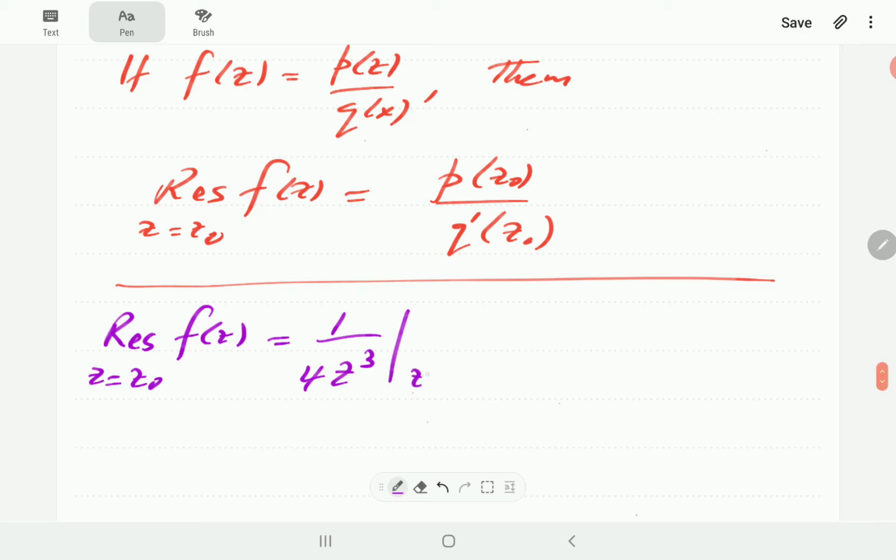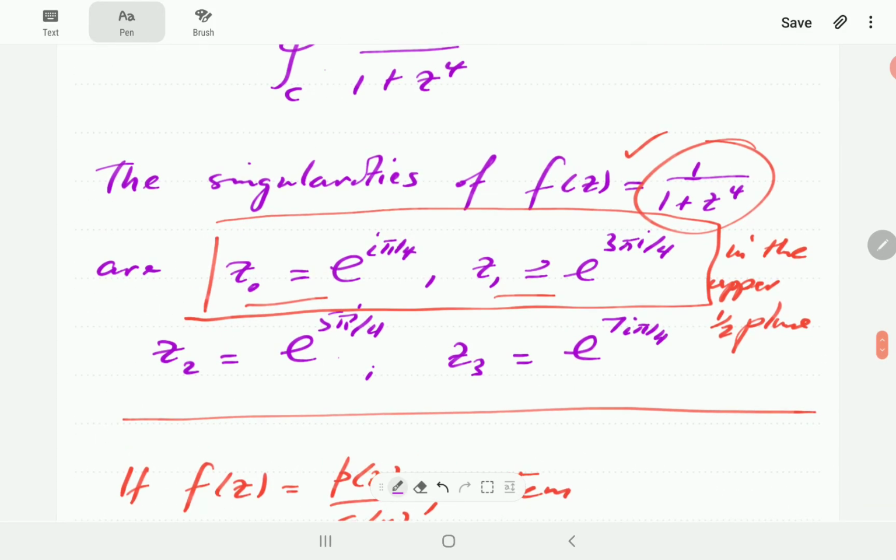Then we plug in z0. So it's going to be 1 over 4 e to the 3I pi over 4, so 3I pi over 4 is this thing to the power 3.